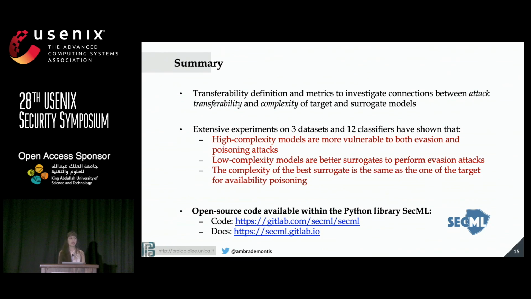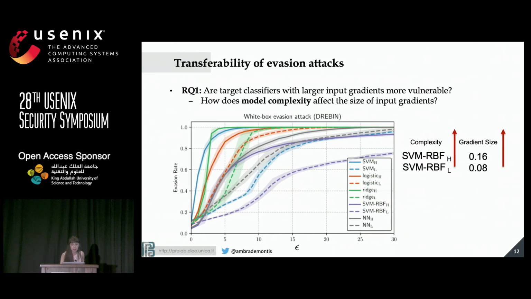So basically, we are not considering minimum perturbation attacks. We had this plot here. So we consider the vulnerability with an increasing attack power, because usually in the application, you don't know exactly which is the perturbation that the attacker is allowed to inject.